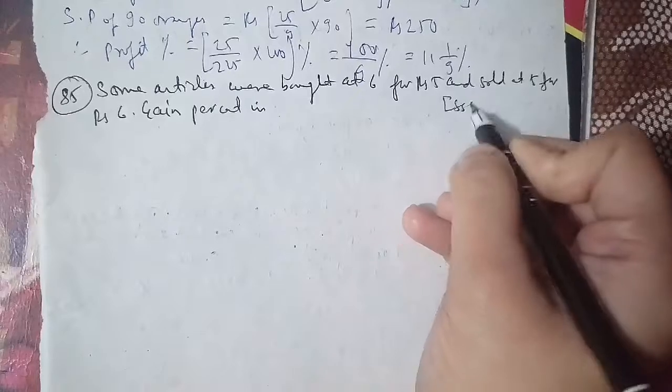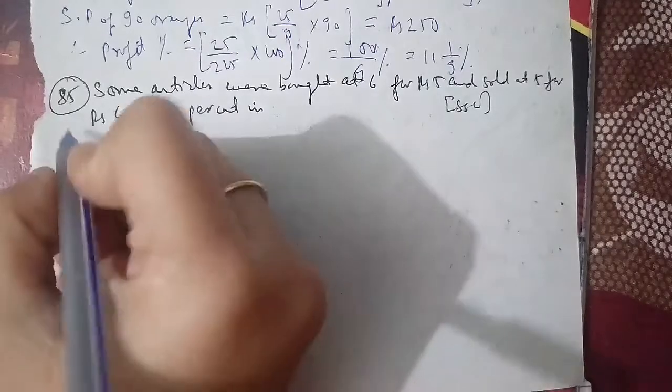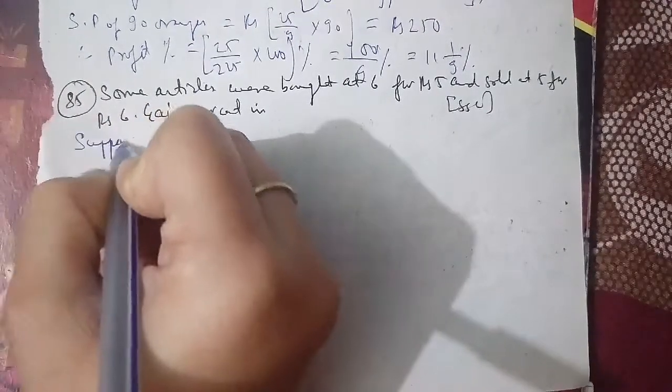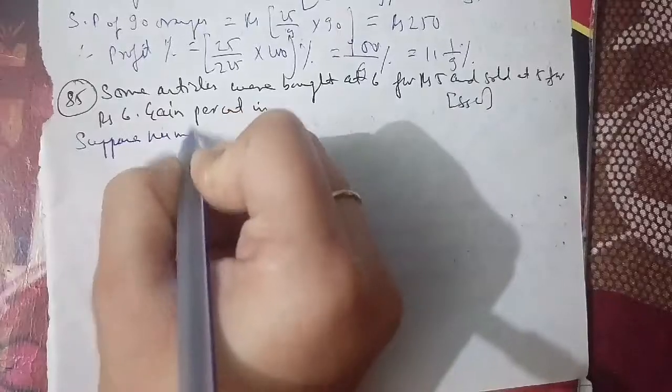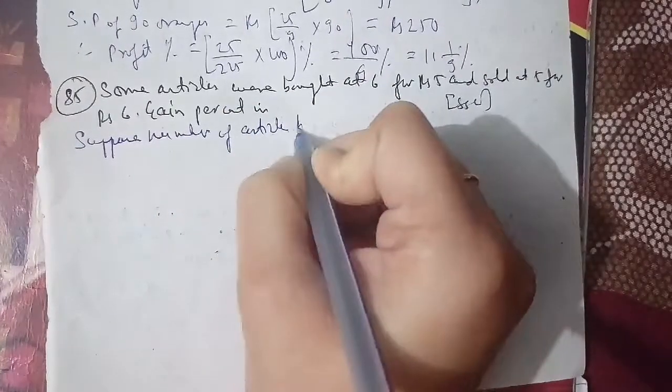Suppose number of articles bought equals to LCM of 6 and 5, which is equals to 30.